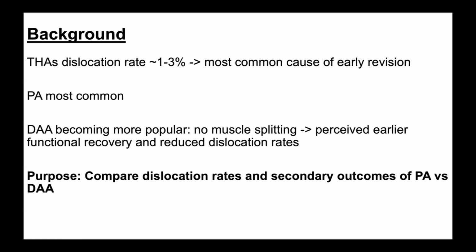So the purpose of the study is to compare the dislocation rates and secondary outcomes of the posterior versus the direct anterior approach of a total hip arthroplasty.